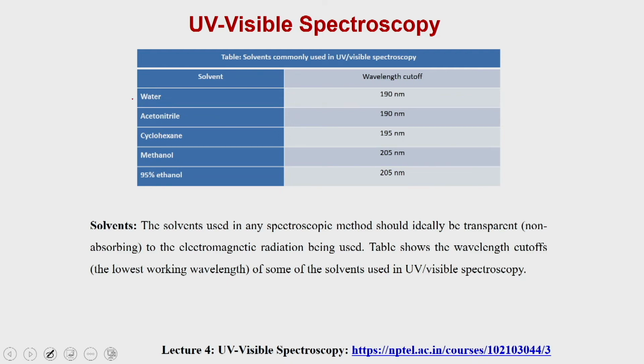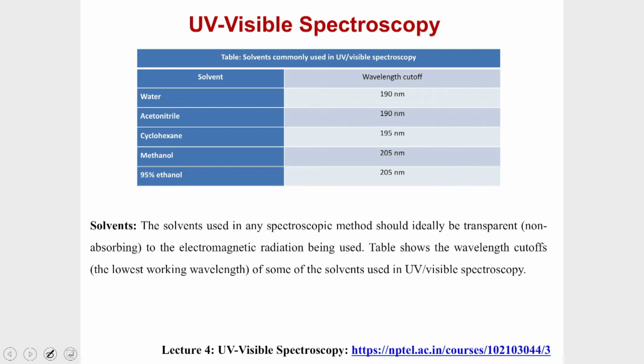For example, water can be used anywhere above 190 nanometers. Similarly, acetonitrile, cyclohexane, methanol and 95% alcohol can all be used above their respective cutoff wavelengths. They cannot be used below those wavelengths, because there the solvent molecules themselves start absorbing very strongly.